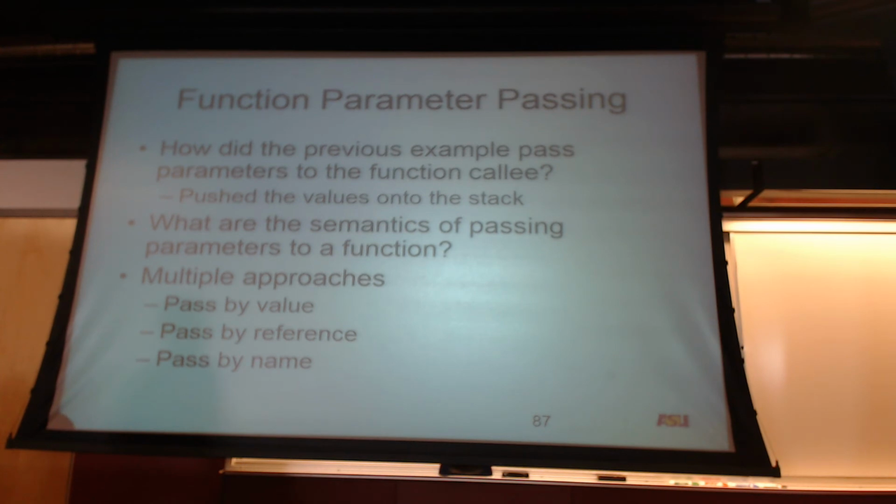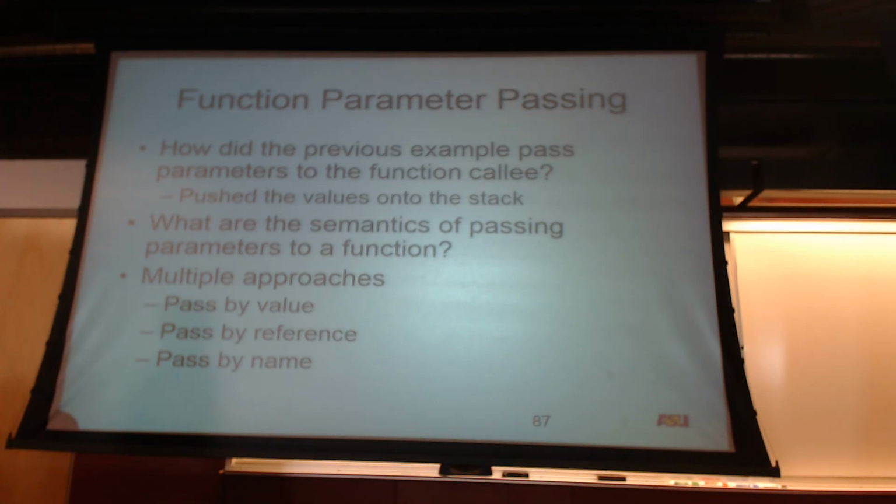What does C do? It can do both. It can pass by value. You can pass a pointer as an argument in C. You can also pass a variable as an argument. Does it do pass by name?